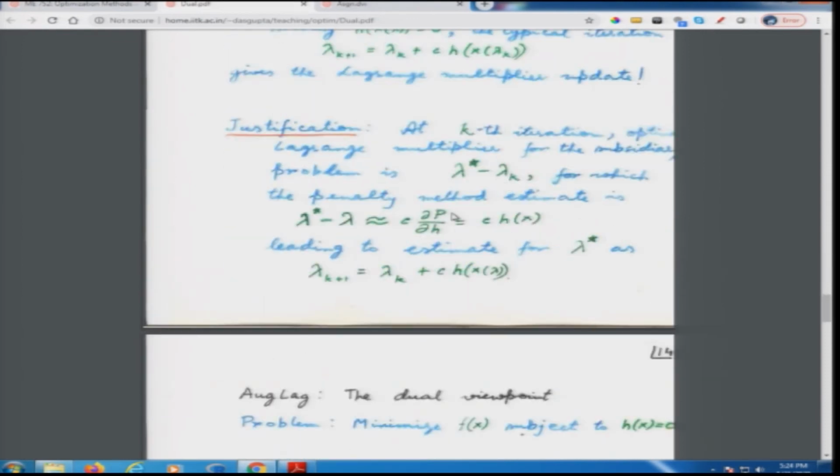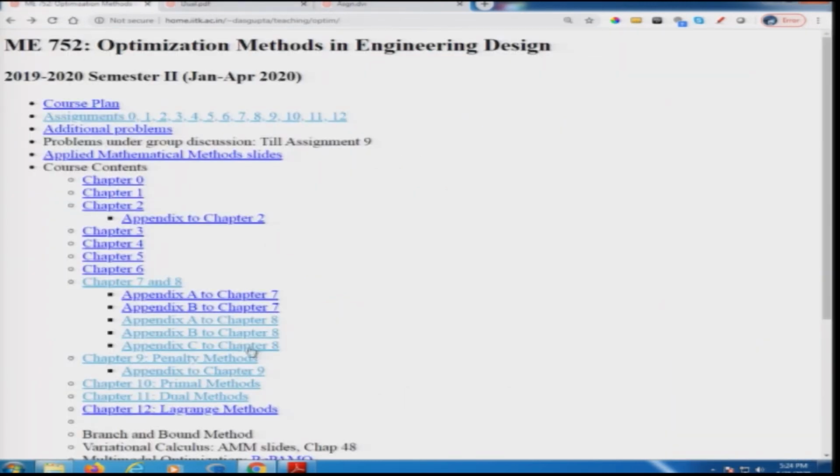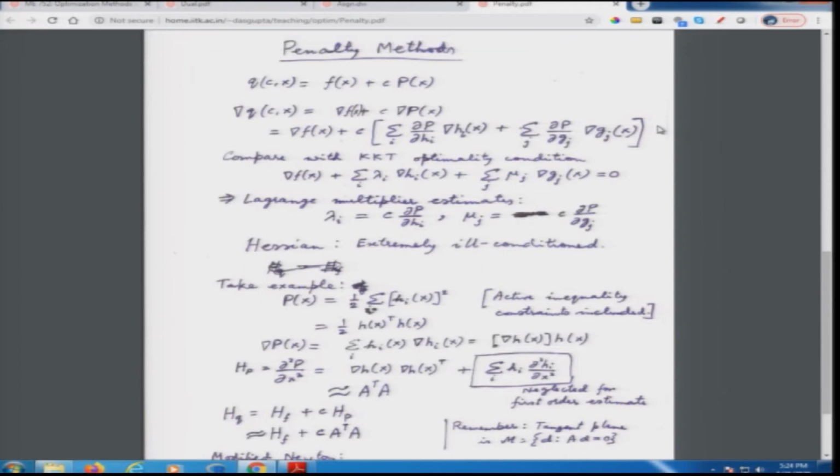Here I will remind you of what we discussed in the penalty method. By comparing grad of the penalized function equal to 0 for an unconstrained optimization methodology with the KKT optimality condition, we came to the conclusion that a penalty method gives you Lagrange multiplier updates which are like this.